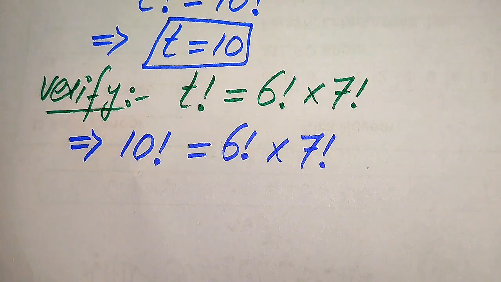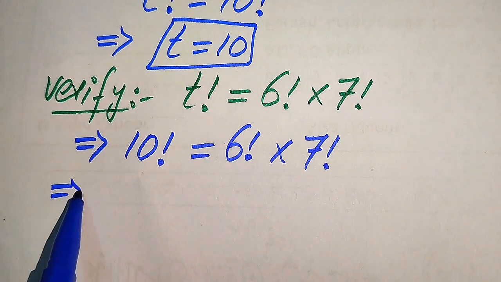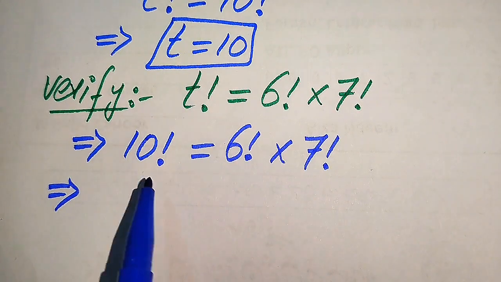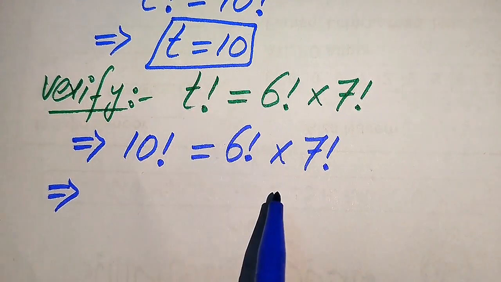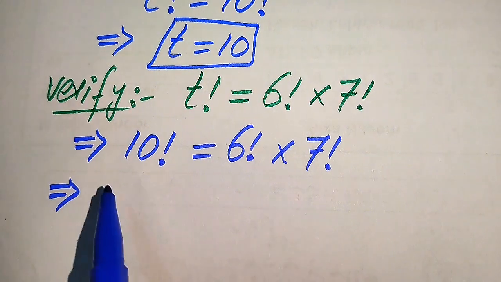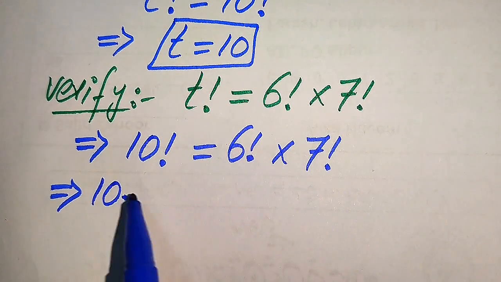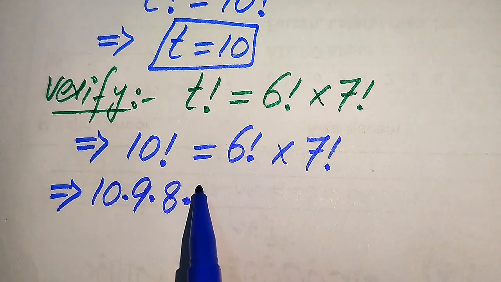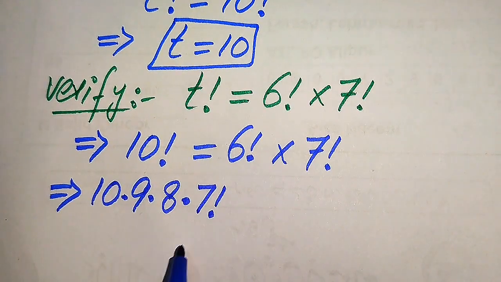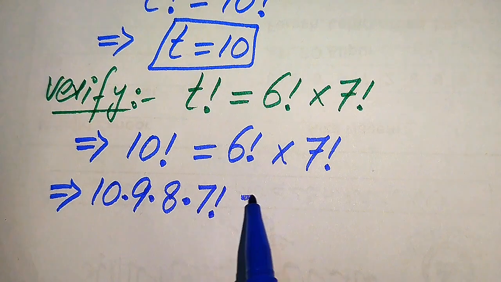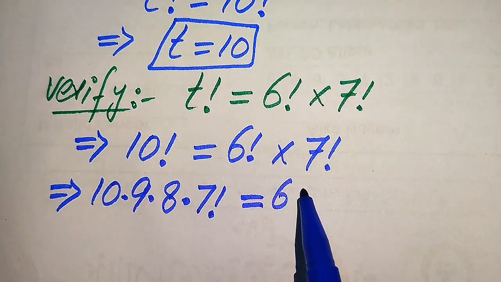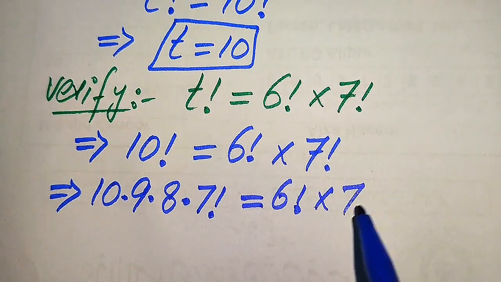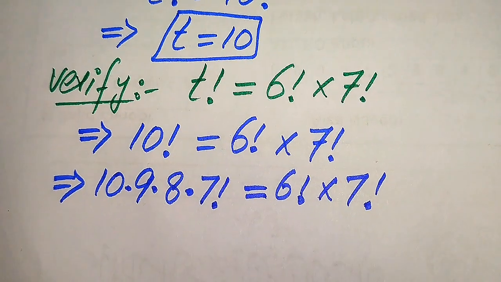So here we need to break the 10 factorial in order to check whether both sides are equal or not. Now we break our 10 factorial up to the 7 factorial term. We write it as 10 times 9 times 8 times 7 factorial equals 6 factorial multiplied by 7 factorial.